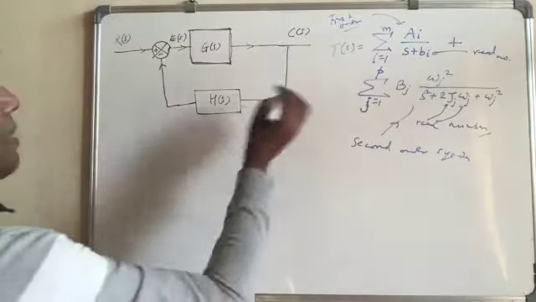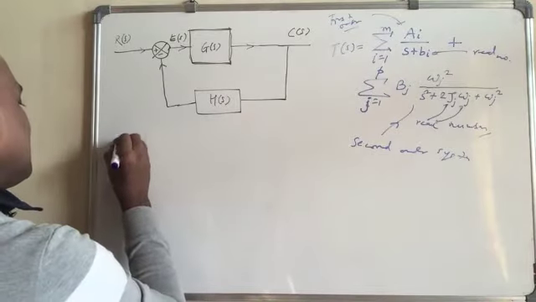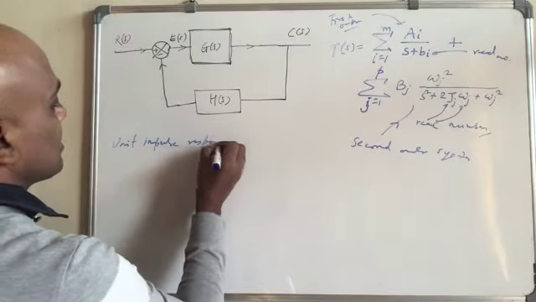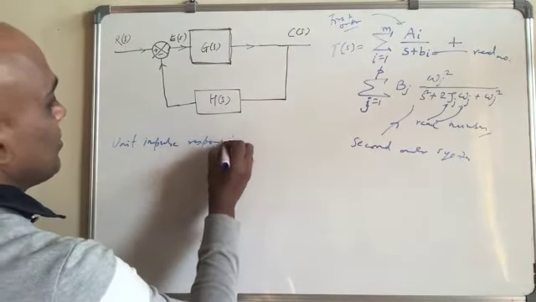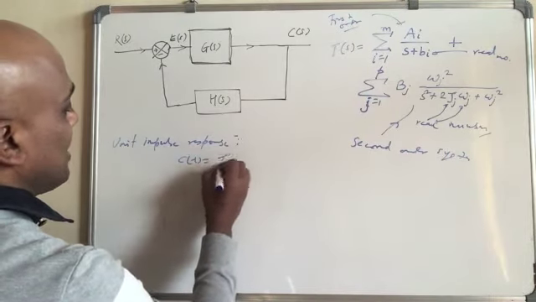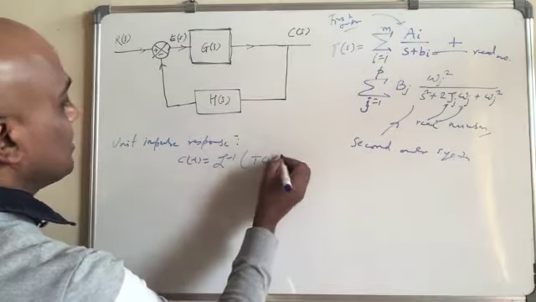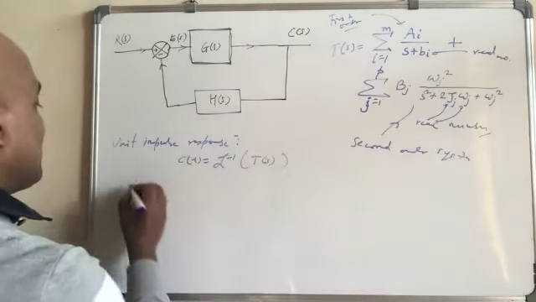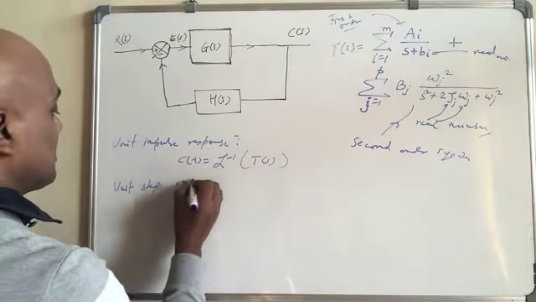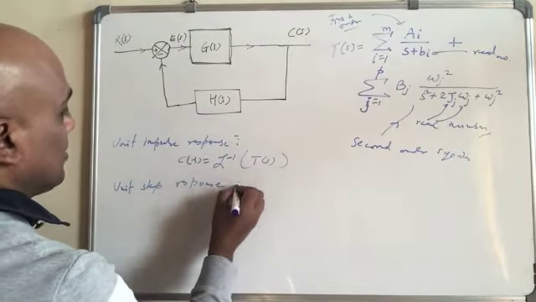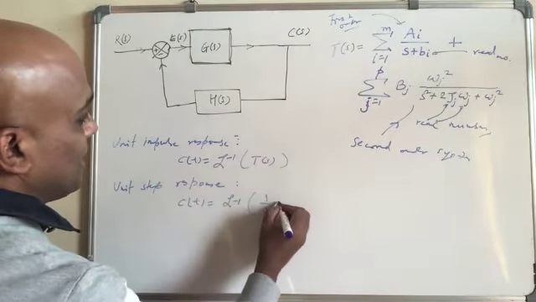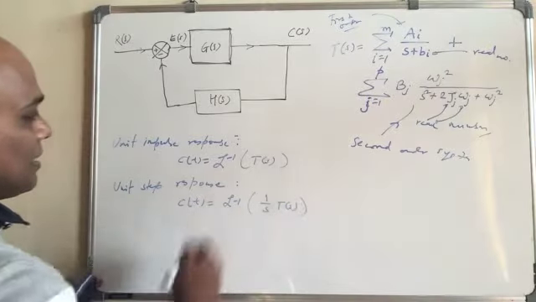The unit impulse response we can find as c(t) equal to L inverse of T(s) simply, and the unit step response we can find as c(t) equal to L inverse of 1 over s times T(s), and like that.